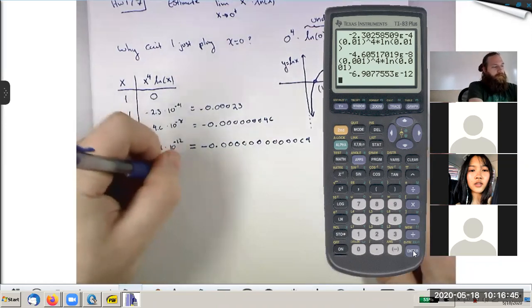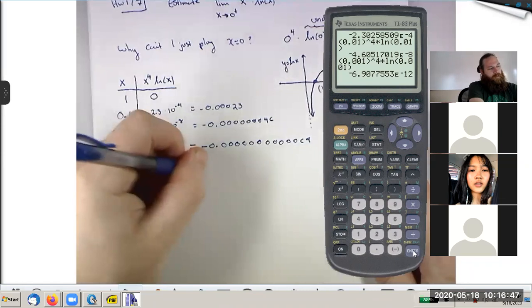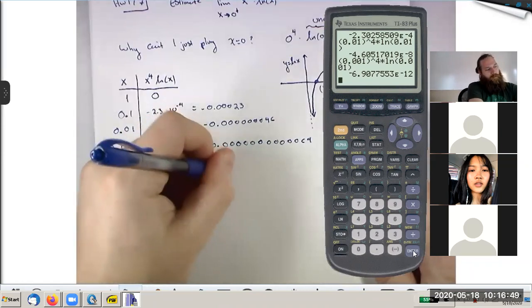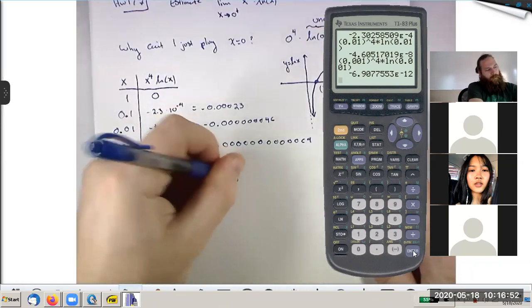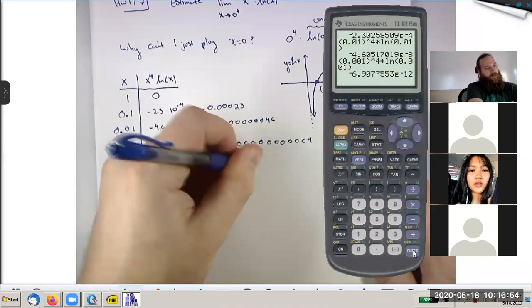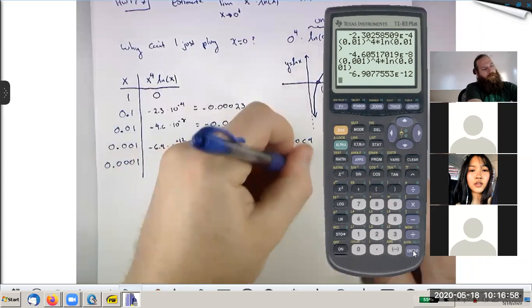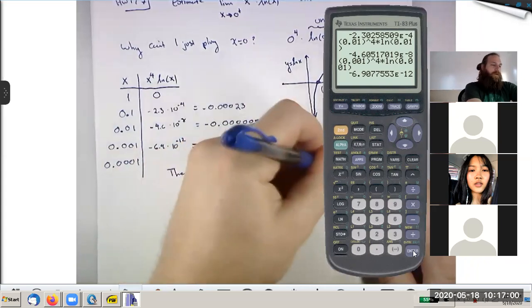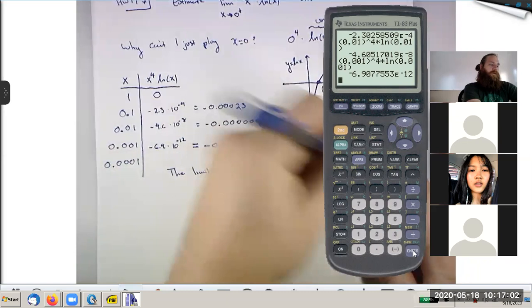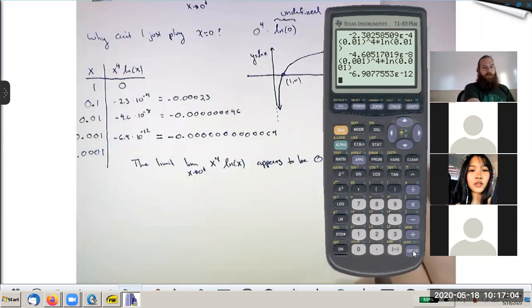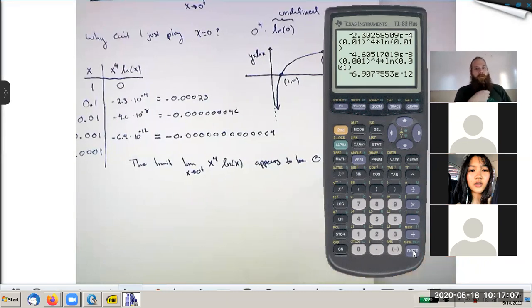The limit as x goes to 0 from the right of x to the 4 ln x appears to be 0, because as x gets closer and closer to 0 from the right, these outputs are getting closer and closer to 0.